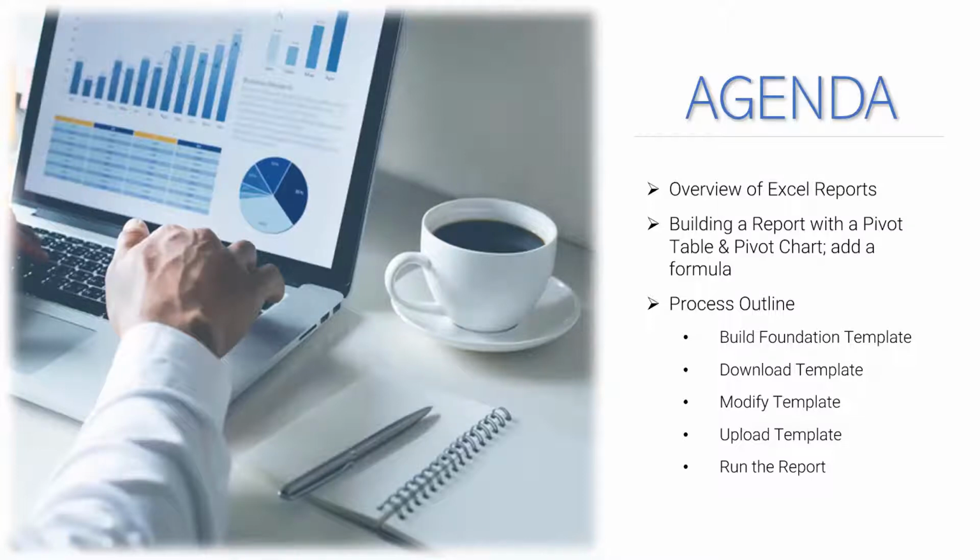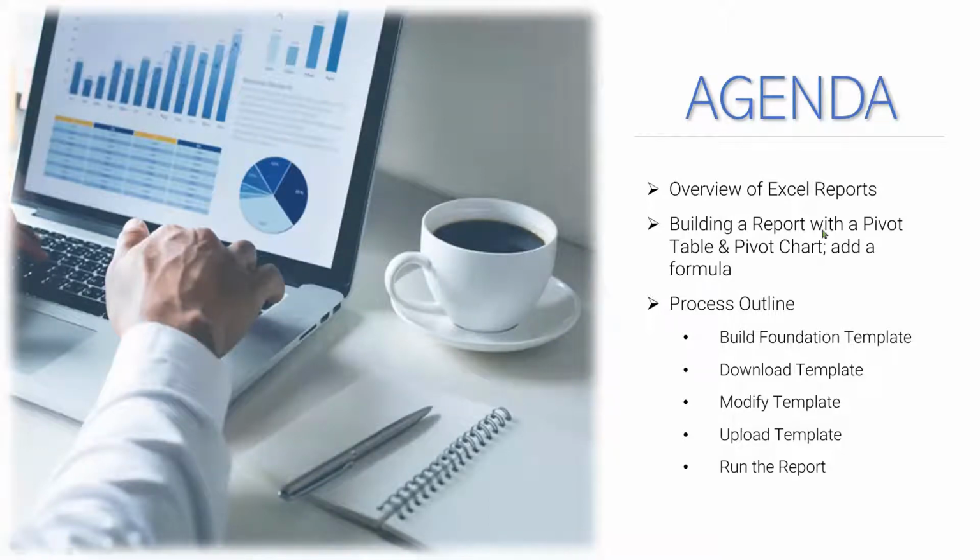You save the template and then you upload it, and then from that point forward, when you run the report, the data is pulled in from your ClaritySoft according to the filters that you set up in your template. So I think where most people get stuck is on the download and upload of the template. So hopefully we'll get that straightened out for you today.